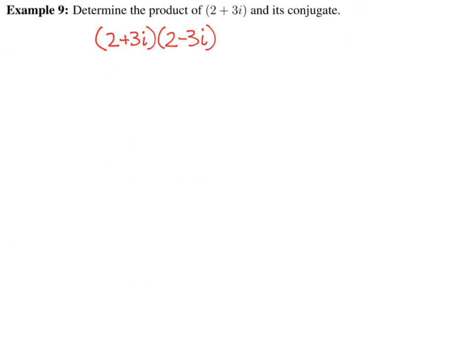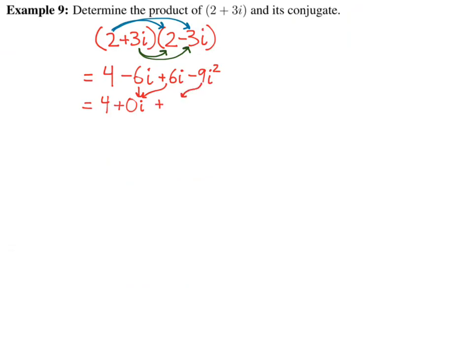Product. Okay. FOIL time. 2 times 2 is 4. 2 times negative 3i is negative 6i. And then on the 3i, so we got 6i, and we got minus 9i squared. So, all FOIL. Okay. And then, we got 4, and then the i's cancel. Oh, well, okay. Whoa.